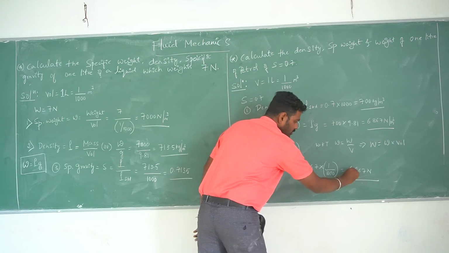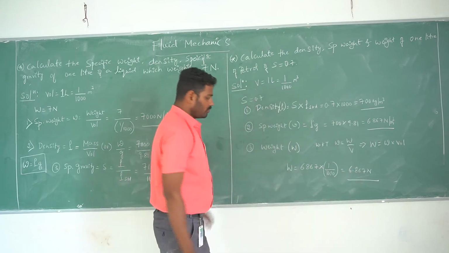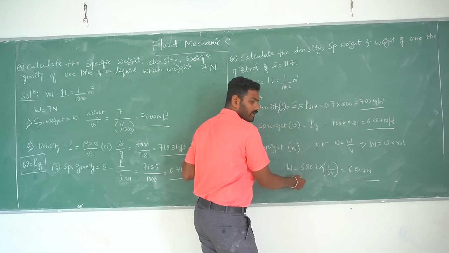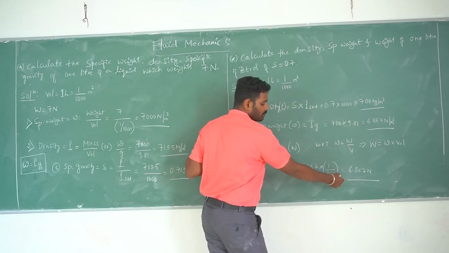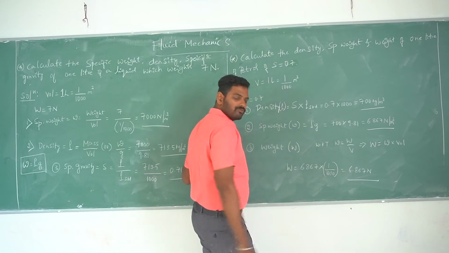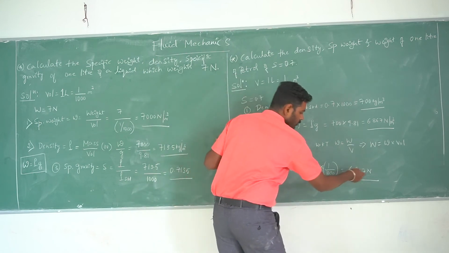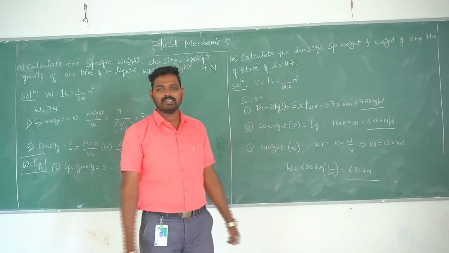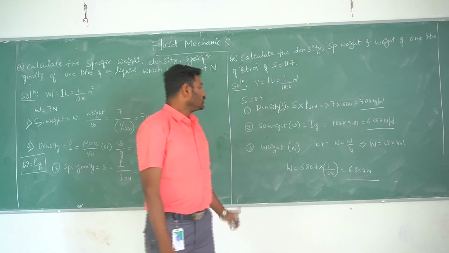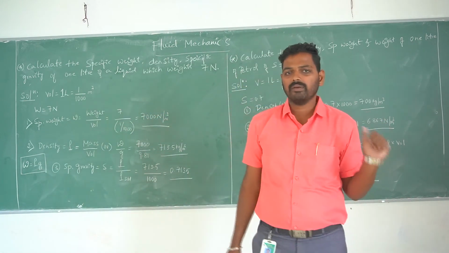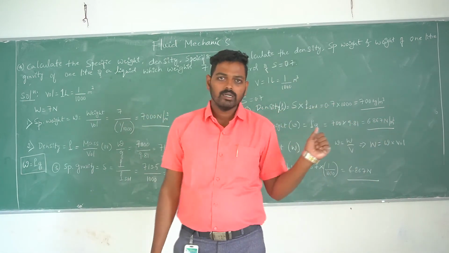Then we will get 6.867 Newton. Here, 6867 Newton per meter cube weight density into volume 1 by 1000 meter cube, so meter cube in both will get cancelled. Then you will get the weight in terms of Newton, 6.867. So these two are the example numericals based on the primary properties of fluids.